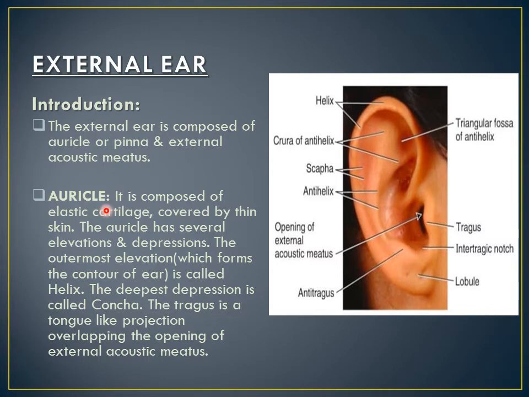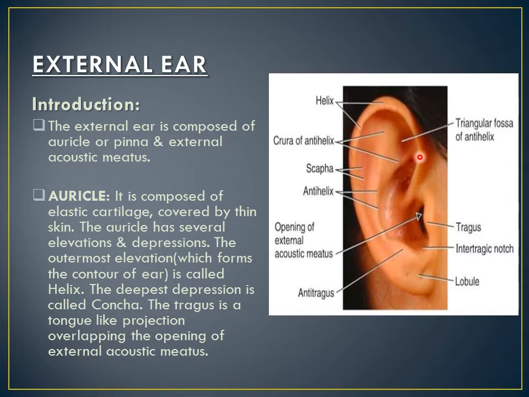Most of the upper part of the auricle consists of irregular shaped elastic cartilage which is covered by thin skin, while its lowermost part is fibrofatty tissue which is covered by skin. This elastic cartilage shows many elevations and depressions.